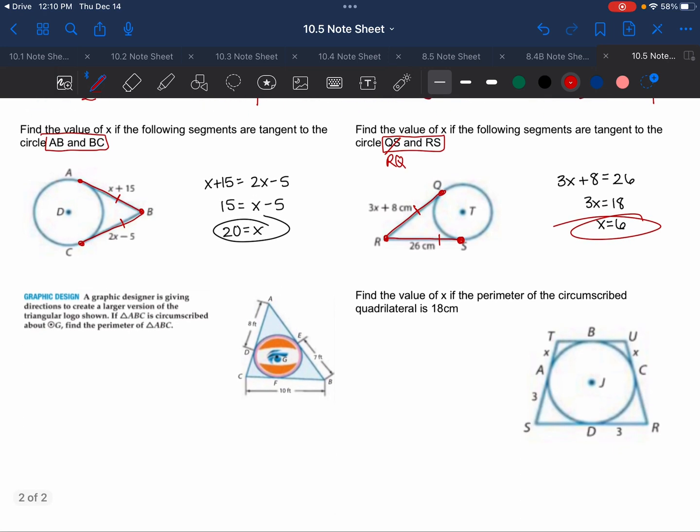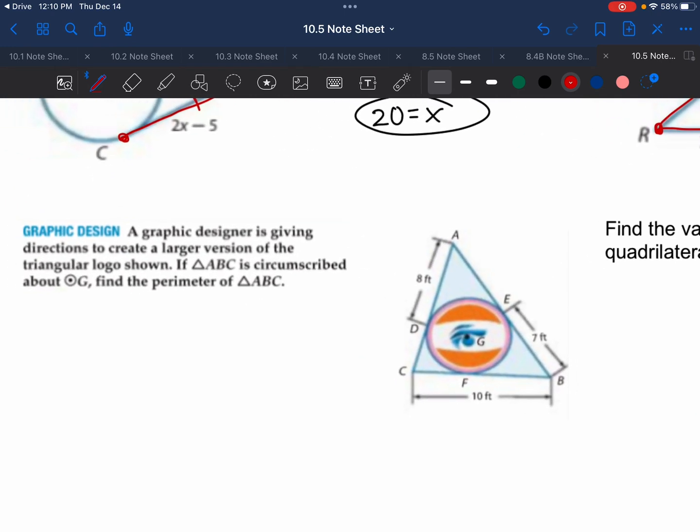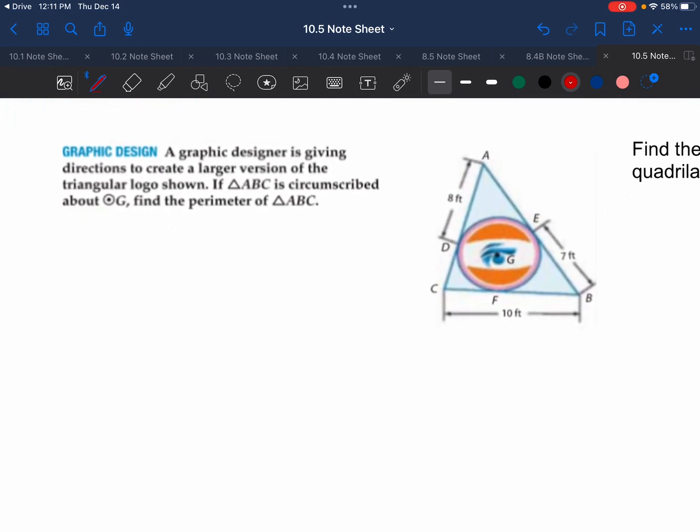All right, last one, we've got some circumscribed polygons. A graphic designer is giving directions to create a larger version of the triangular logo shown. If triangle ABC is circumscribed about circle G, find the perimeter of ABC.